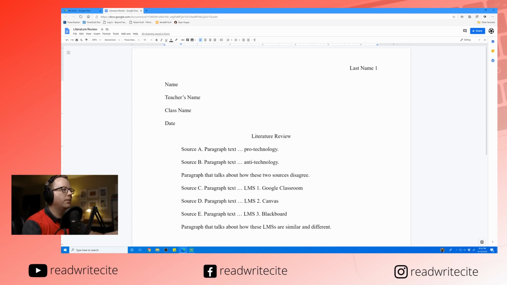Okay. So let's say I've got a source C that talks about Google Classroom, source D that talks about Canvas, and source E that talks about Blackboard.